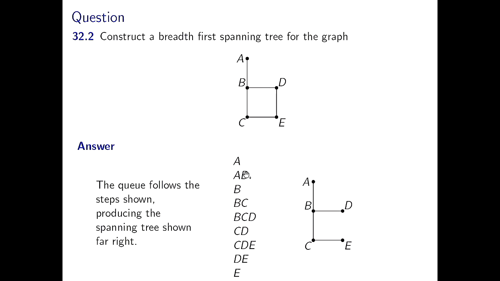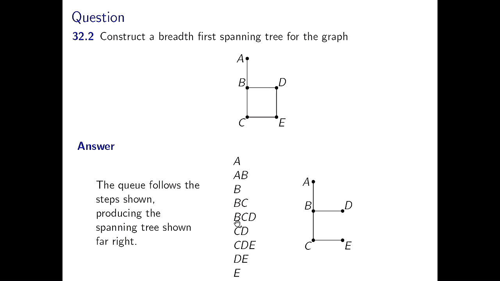Now we've gone everywhere we can from A, so we drop it out. Where can I go from B? Well, I can go to C and D. So C goes into the queue, BC goes into the tree, D goes into the queue, BD goes into the tree. Now I have been everywhere I can from B, so I drop it out.